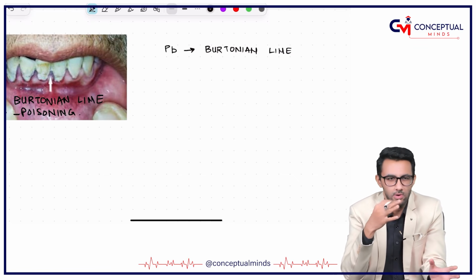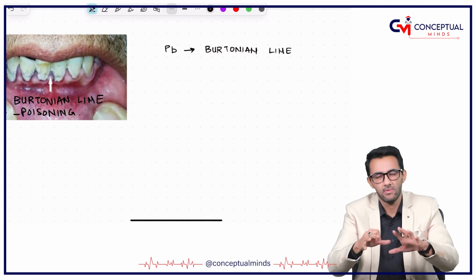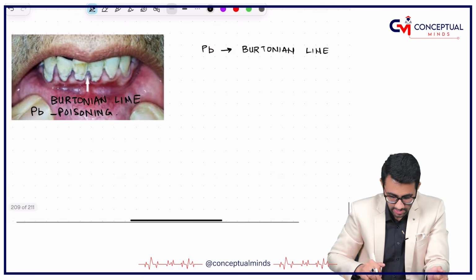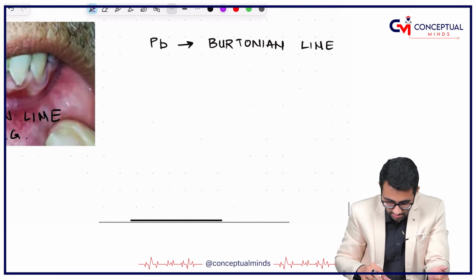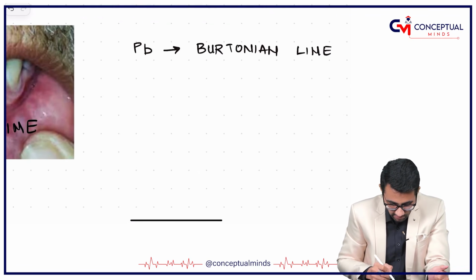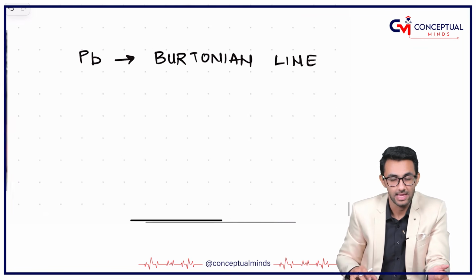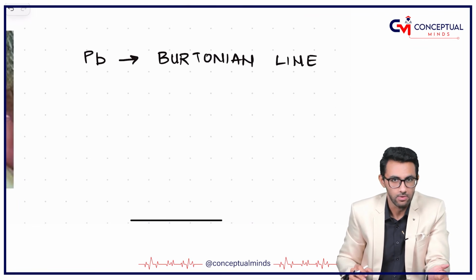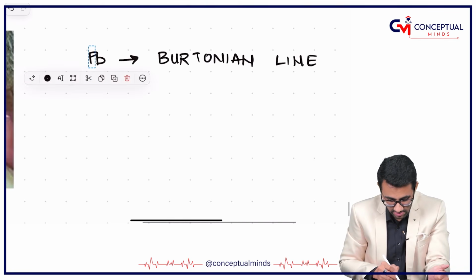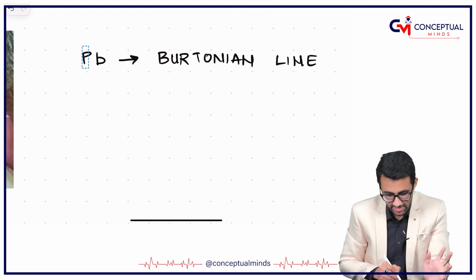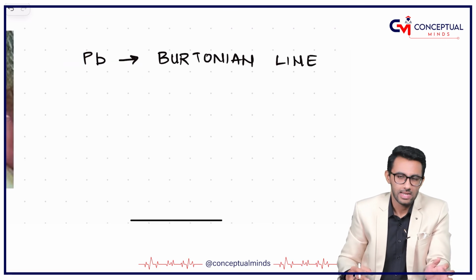I was like, what is what and where, so I just wanted to dump everything at one spot. So this is it. Okay, fine, we have the Beau's line. And the best way to remember is if you just make it like this. Okay, all right, Pb is the short form for lead. Yes, so that is the toxicity. Yes, so if we just do it like this, it becomes a Beau's line. Simple. Okay, so that is one point I wanted to tell over here.